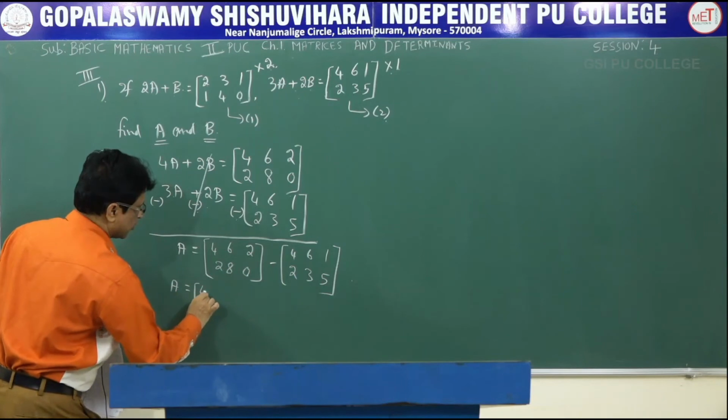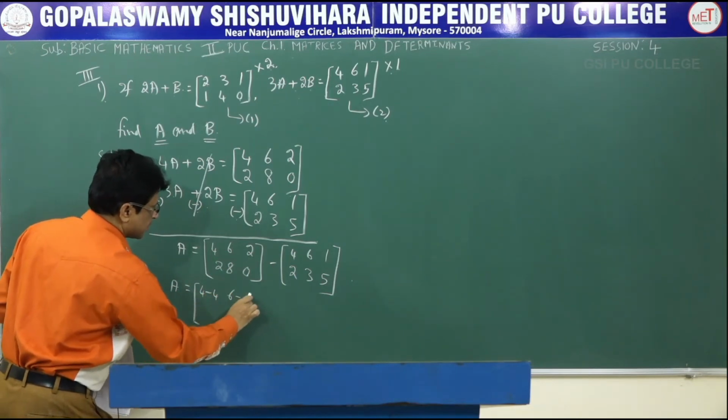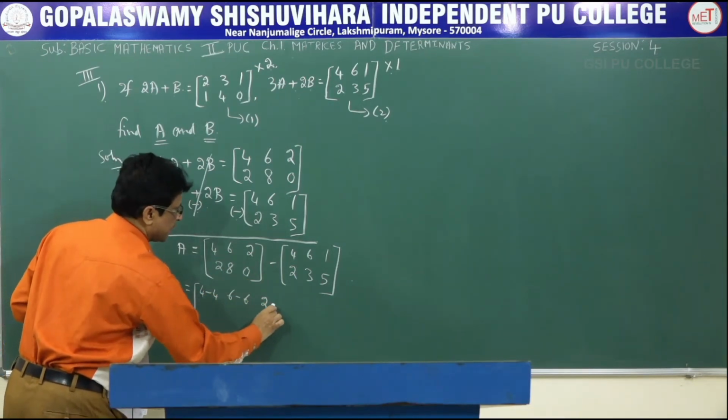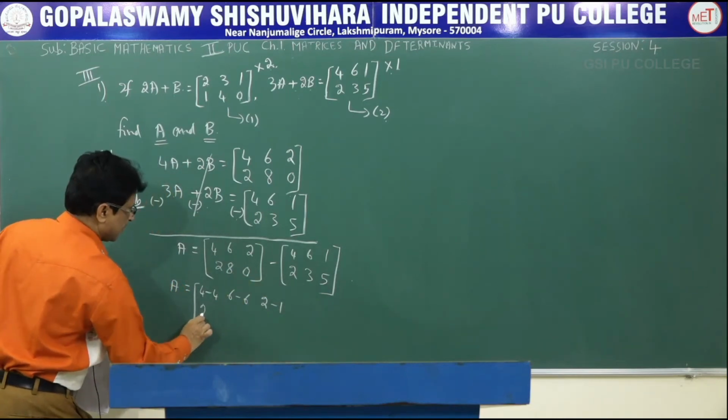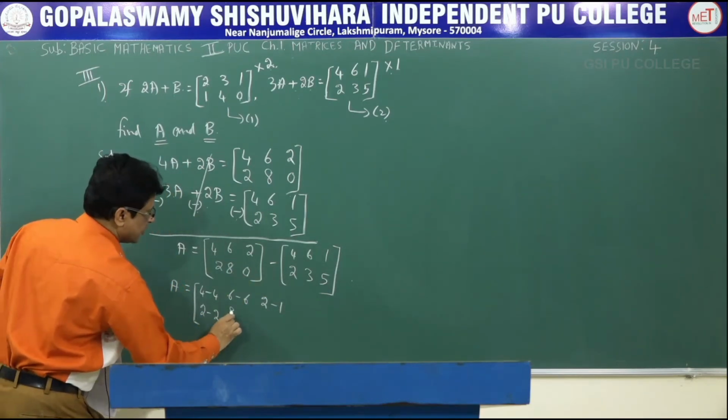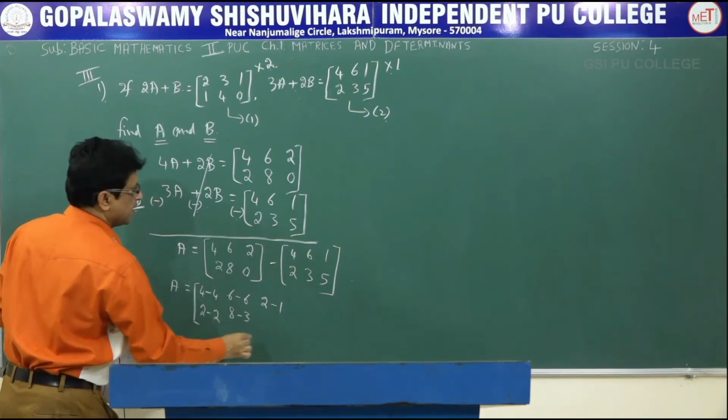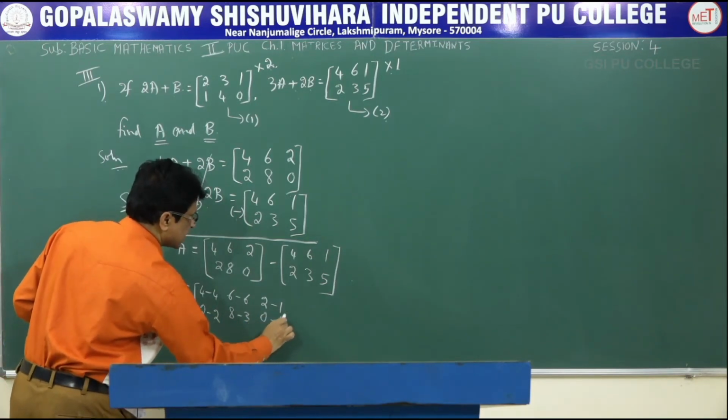So 4 minus 4, 6 minus 6, 2 minus 1, 2 minus 2, 8 minus 3, 0 minus 5.